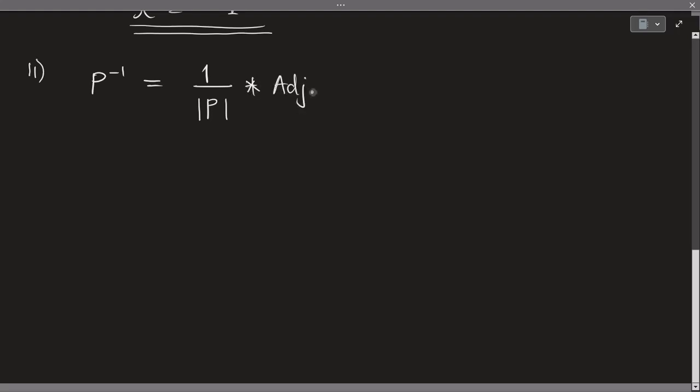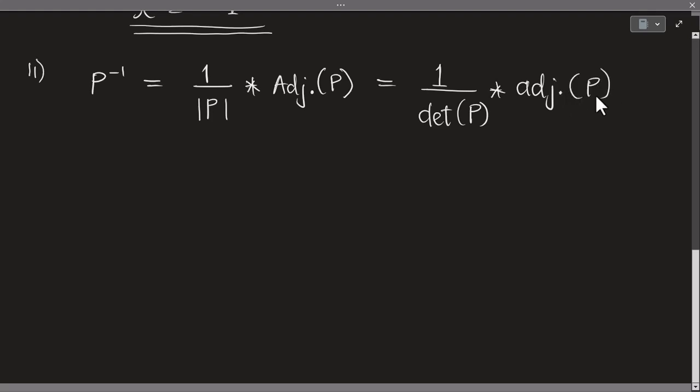Adjoint sometimes can just be shortened like that. Another way you could see this formula sometimes, it shouldn't confuse you. You can also see it written as DET and the name of the matrix inside brackets multiplied by the adjoint of P. These two things here mean the same thing.